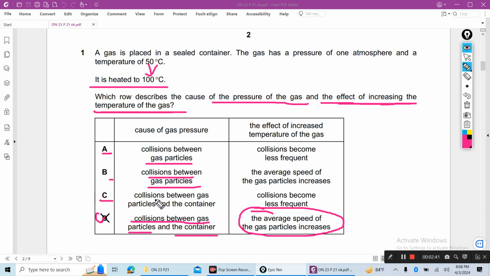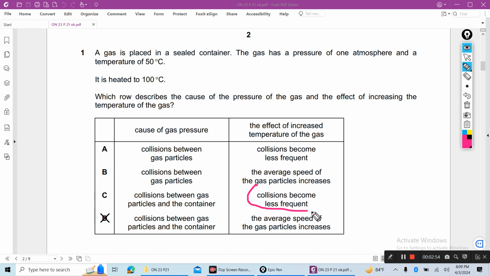C is also wrong. Collision between gas particles and the container is correct for the first part, but the second part is wrong. Collisions become less frequent? No, if you increase temperature, collisions become more frequent. So this is the correct answer.